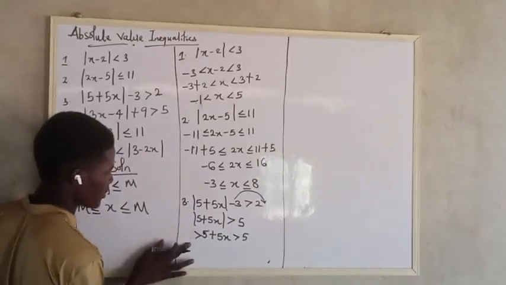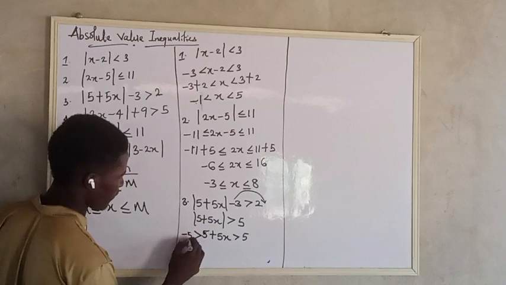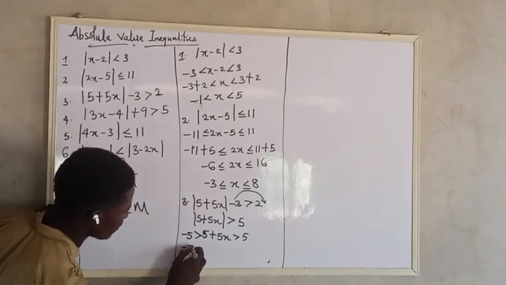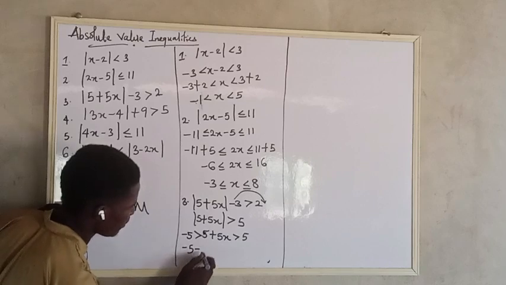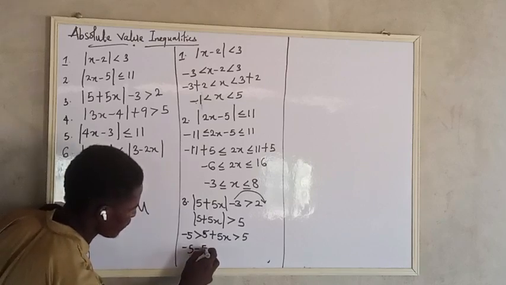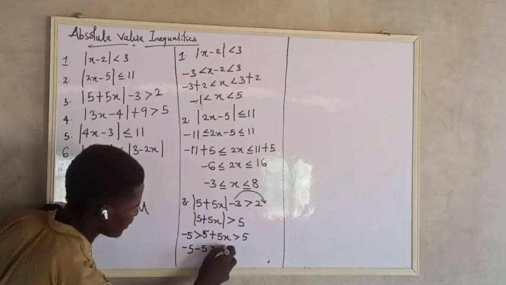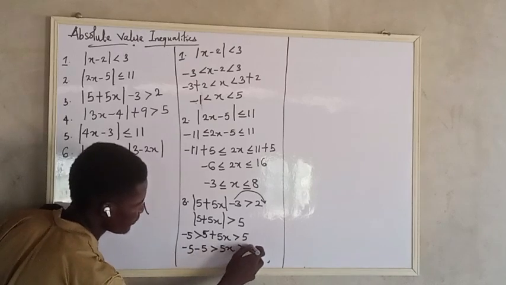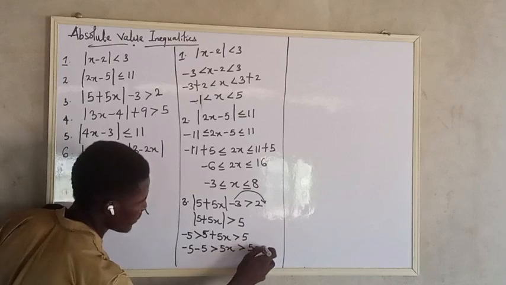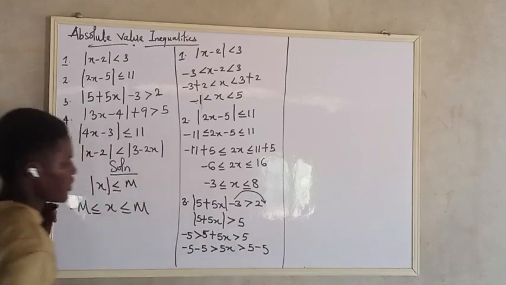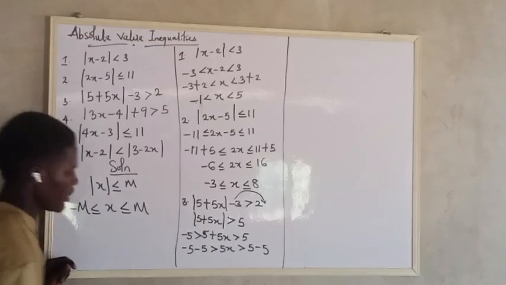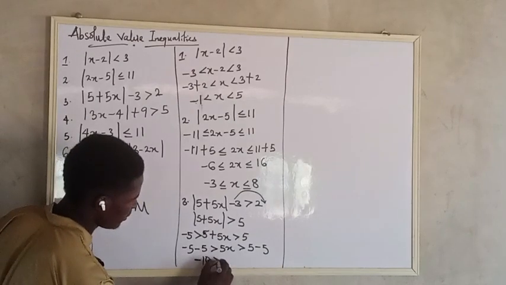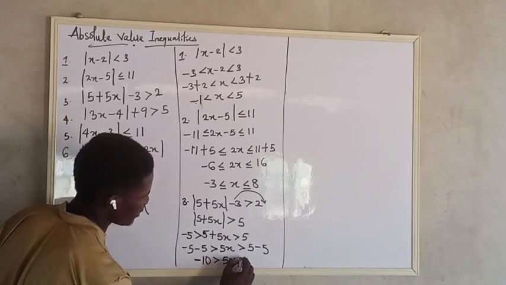Minus 5. So if I'm doing that, that will become minus 5 minus 5 greater than 5x greater than 5 minus 5. Can you see what I'm doing there? So this will become minus 10 greater than 5x greater than 0.